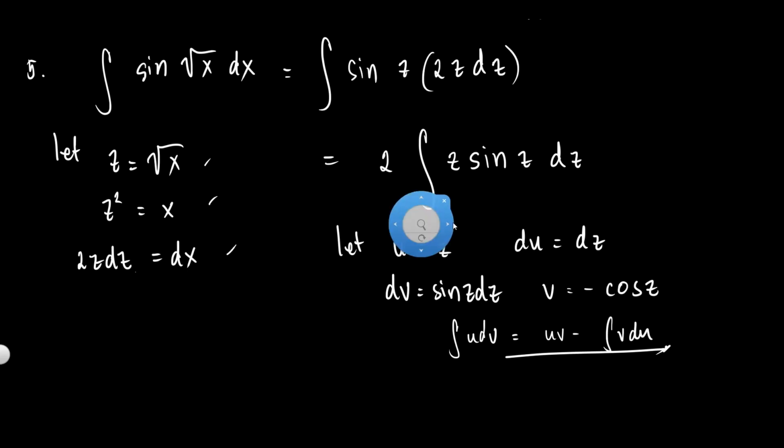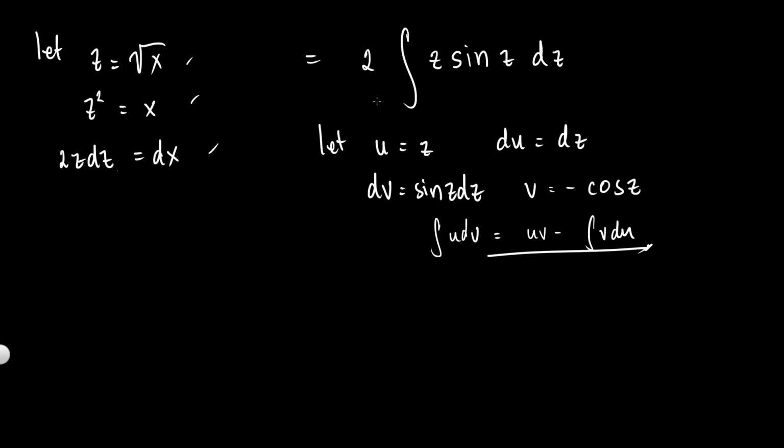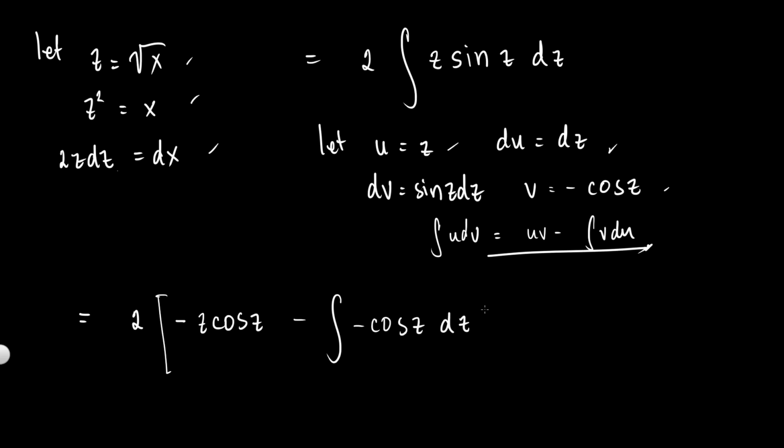So, we can now solve this integral. We have here equals 2 times uv minus the integral of v du. u times v, so minus z cosine z. Then minus the integral of v, negative cosine z, du is dz.